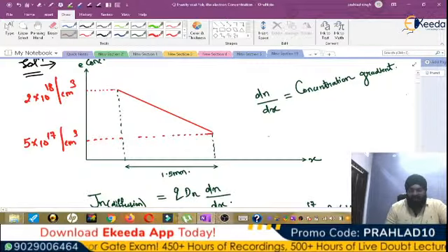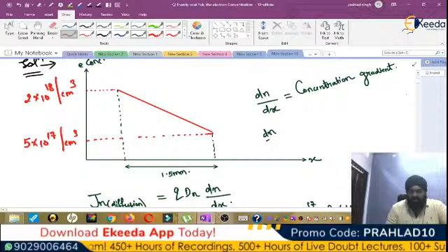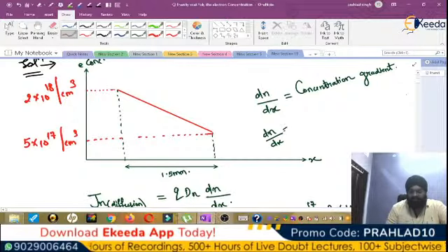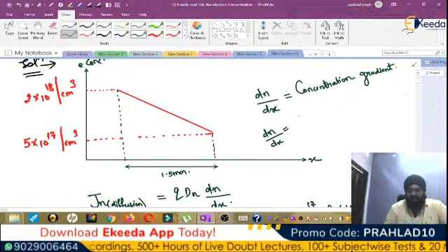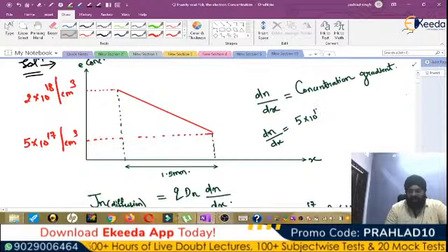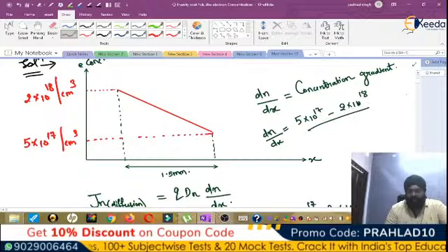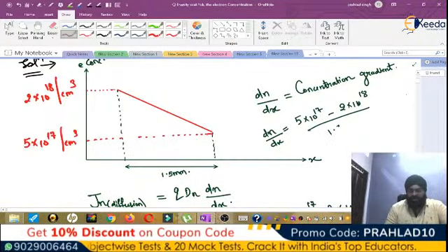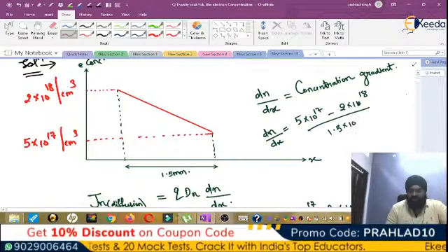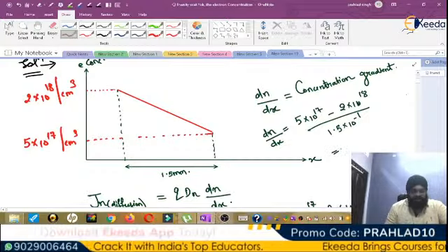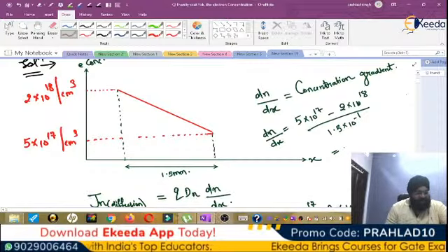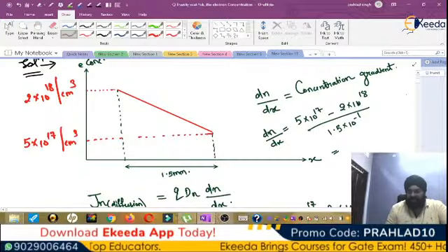It was given in this question as 5 into 10 to the power 17 minus 2 into 10 to the power 18 over a distance of 1.5 millimeter, which means 1.5 into 10 raised to power minus 1. So this is dn over dx, which was given to us, right?